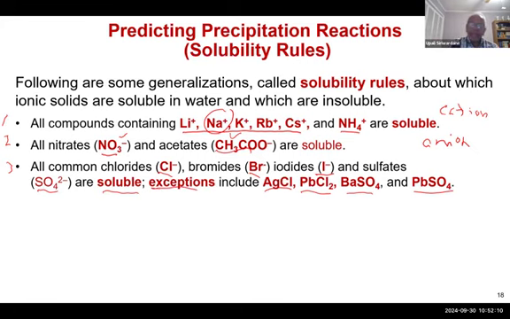Lead is right here, barium sulfate, lead sulfate. So most of the chlorides are soluble except silver chloride and lead chloride. You get a table of solubility rules. You look in the table and interpret. Okay?